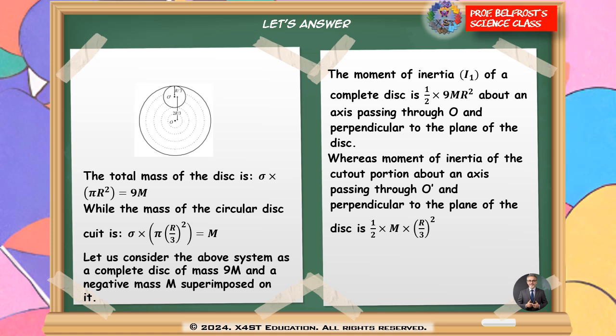The total mass of the disk can be expressed as sigma times the area. Sigma is the mass per surface area. So sigma times pi r squared equals 9m, while the mass of the circular disk cut out is sigma times pi times (r over 3) squared, which equals m.